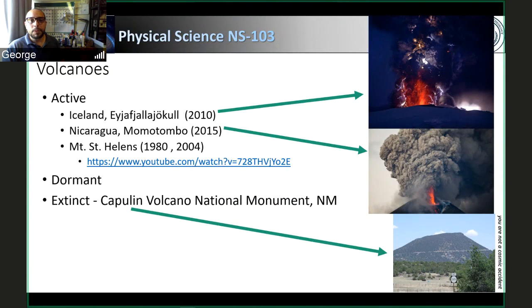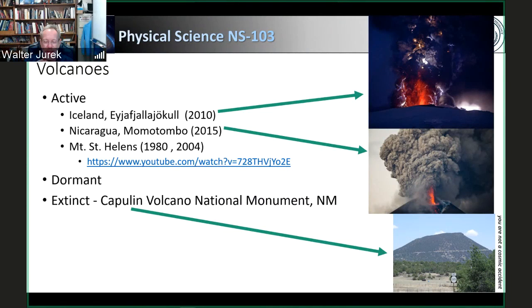Well, the mountain lost 1,300 feet of elevation, and there's a whole other lesson we could do, but I'm not going to. But just the geology that took place there, and yet you can watch now.